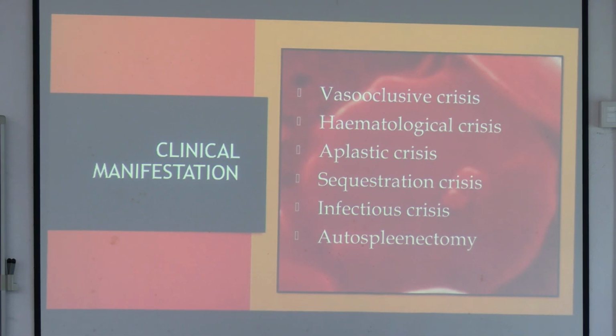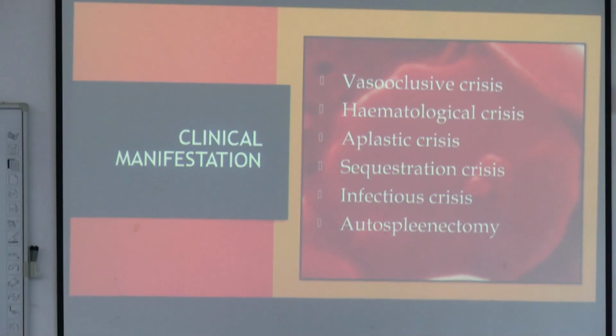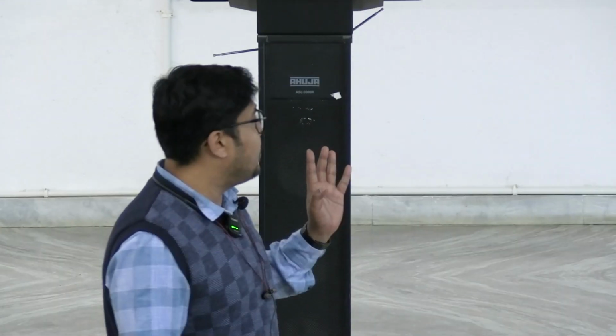Aplastic crisis will be there in patients of sickle cell anemia with co-infection of vitamin folate deficiency and parvovirus B19 infection. Sequestration crisis. So what is sequestration? Sequestration means pooling up, so splenomegaly. Initially the patients of sickle cell anemia suffer a sequestration crisis due to splenomegaly.